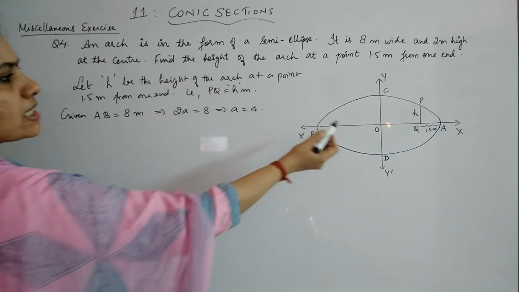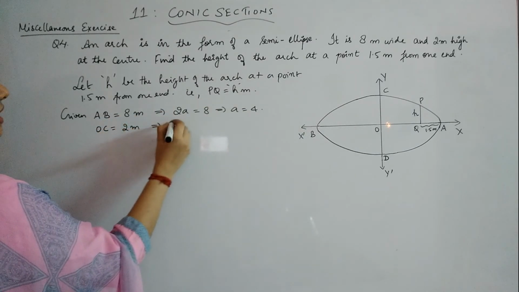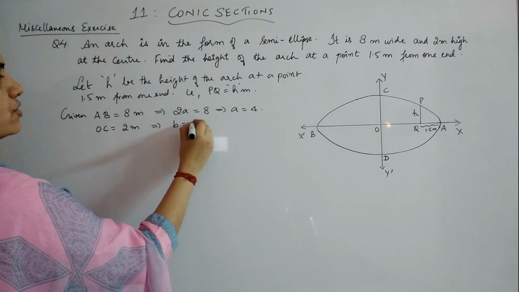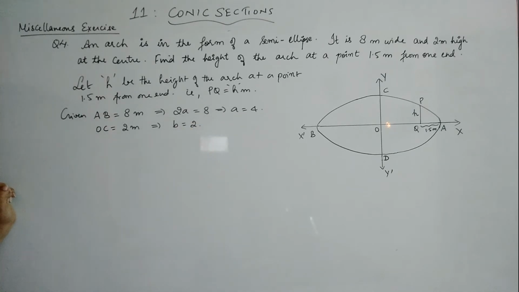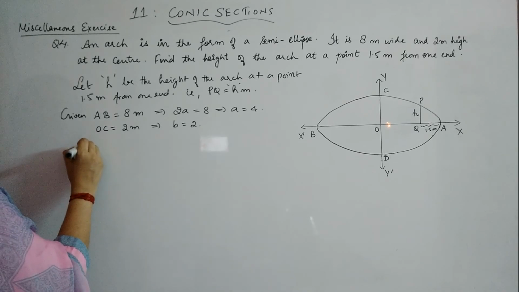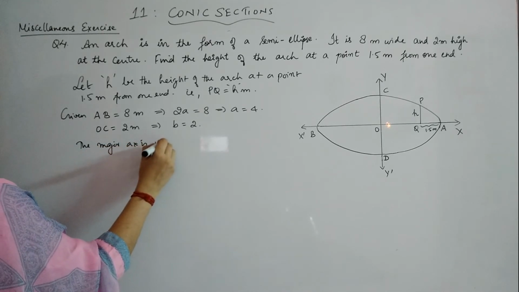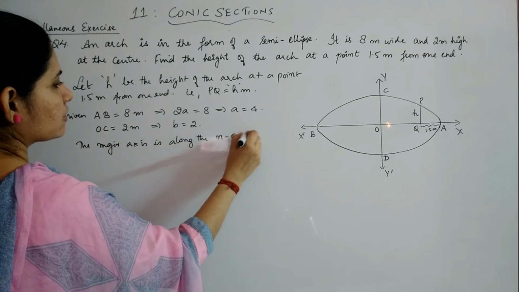That is 2 meter high, means OC is given to be 2 meter, which means B is equal to 2. Okay, so that we can decide that the major axis is along the x-axis.